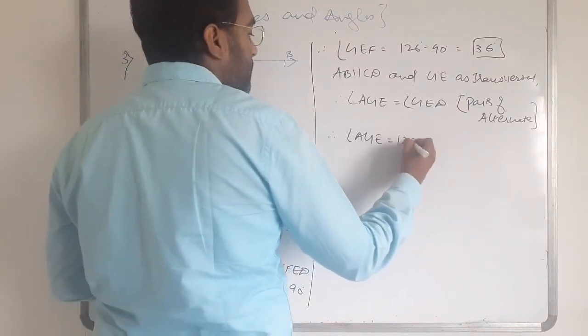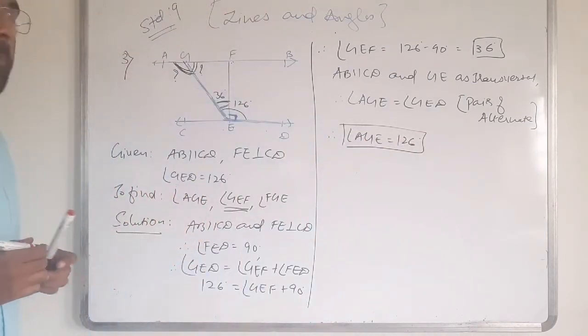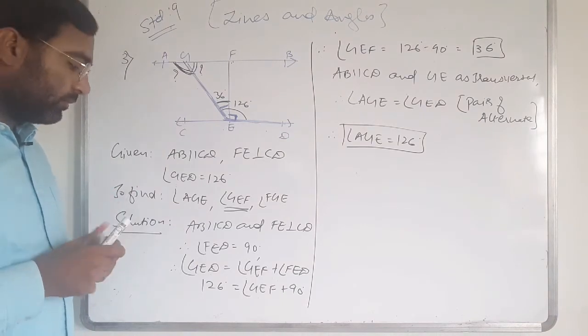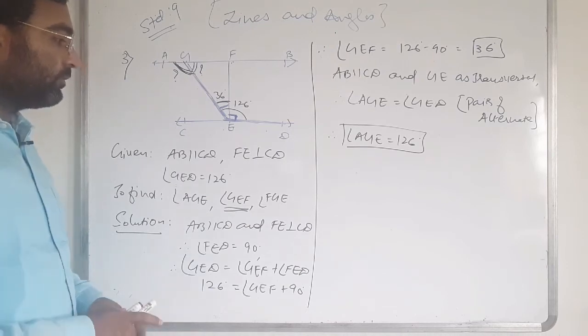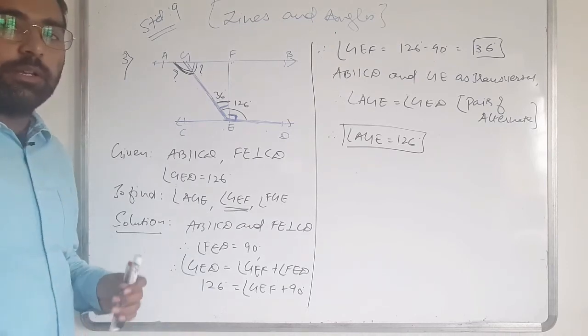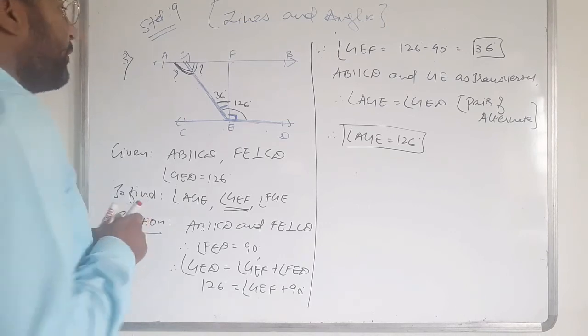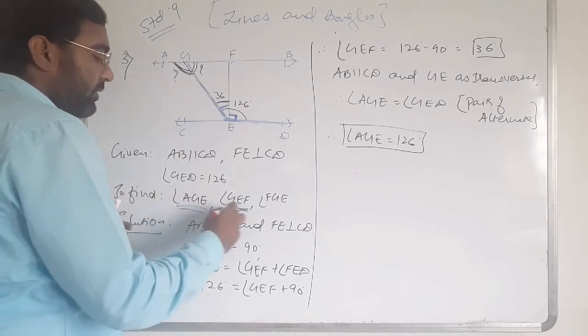So my AGE is also 126 degrees. Okay, clear? Now we have to find the angle. This angle is completed, this is also completed.